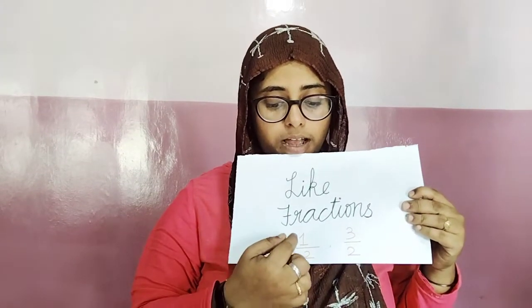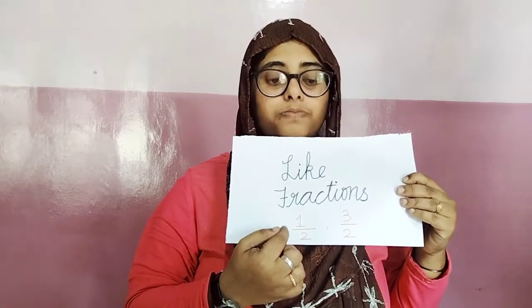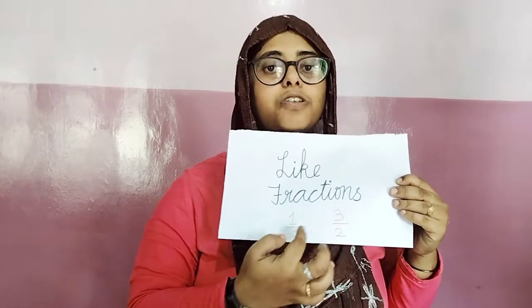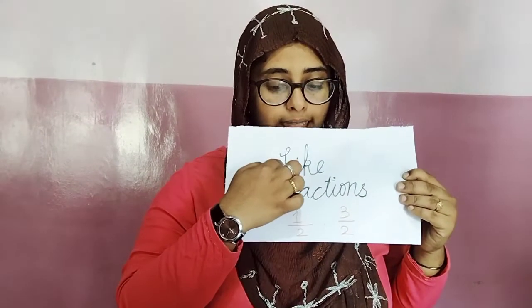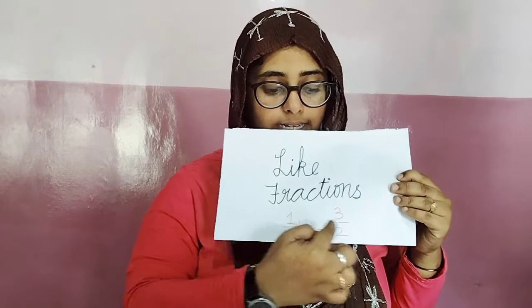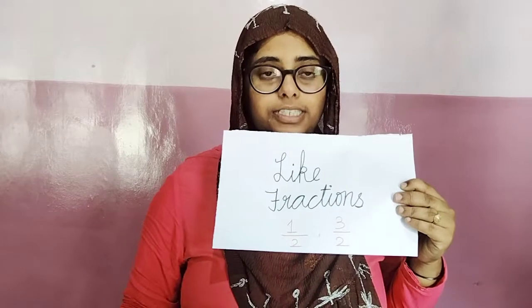See here, there are 1 by 2 and 3 by 2. If the denominators are the same, the fractions are called like fractions. So as the name implies, if the denominators are equal, they are called like fractions.